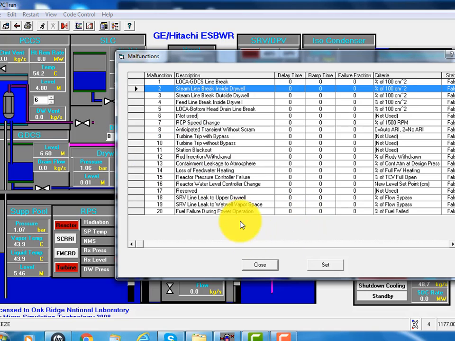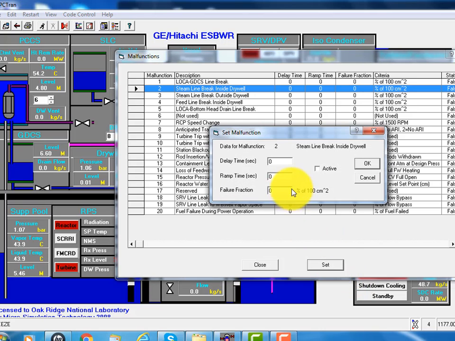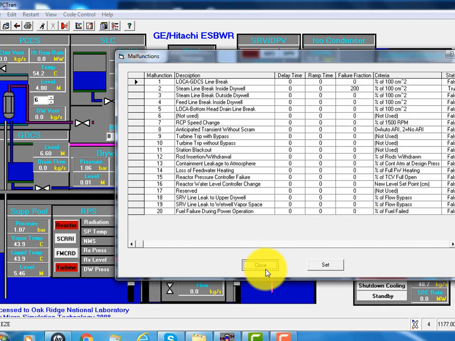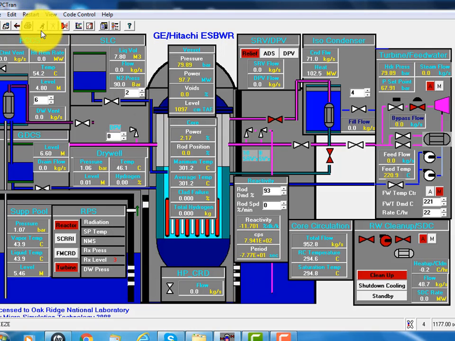Okay. And suppose right now we have another pipe break, supposed to be a medium size, 200 centimeters square break. I click and I close window and run it. See, there's a steam line break. We're losing 180 kilogram per second into the containment, all right, in the steam line.